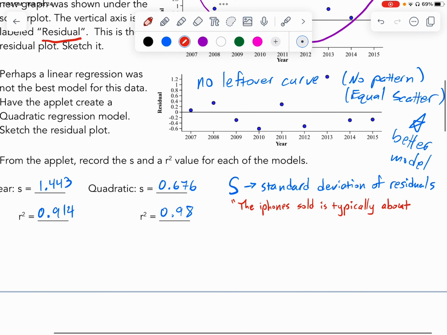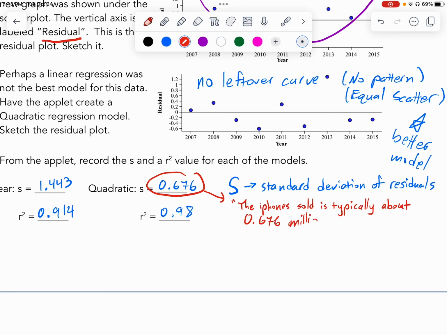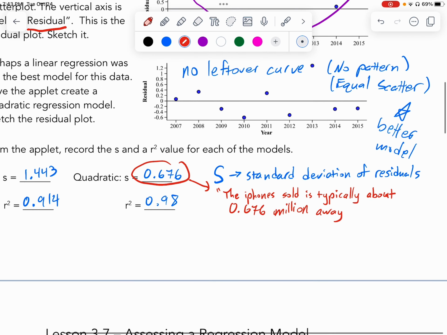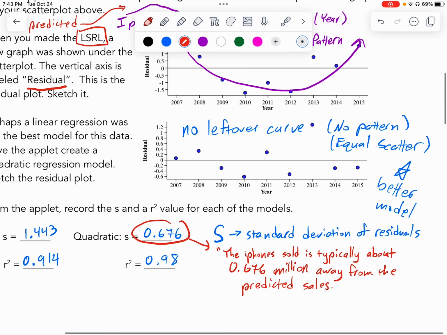So typically about 0.676 million, because this is in millions, away from the predicted sales.